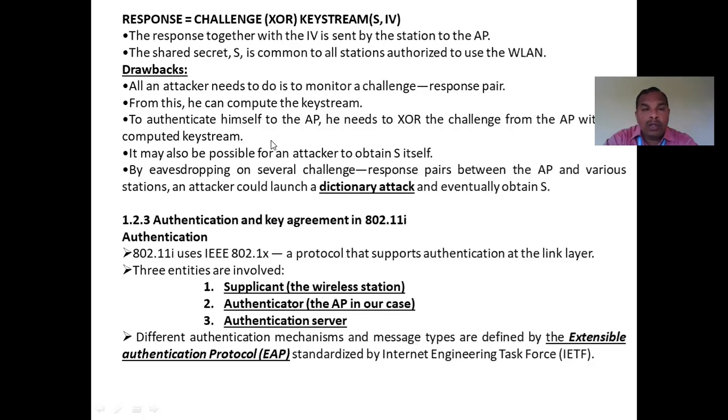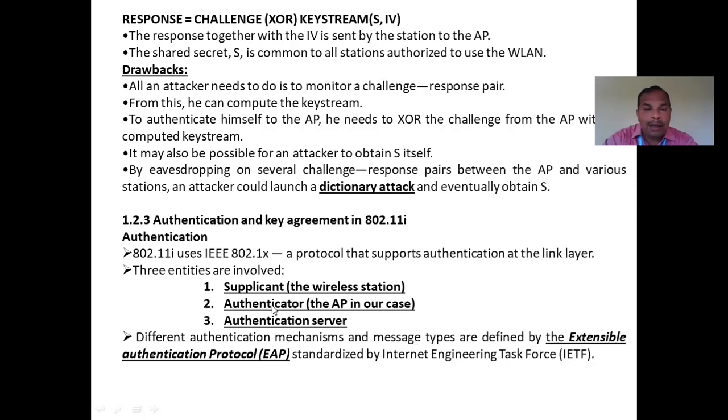And if it is not possible to attack or access the information, the attacker can use a dictionary attack to obtain the secret key. So to avoid this drawback, we thought of using one more concept called authentication and key agreement in 802.11i, where i is the common version. 802.11i uses this particular protocol to provide authentication at the link layer.